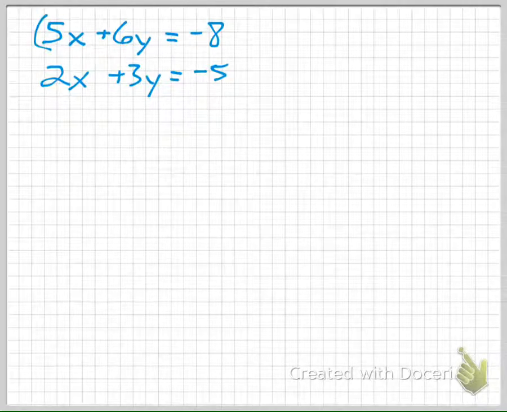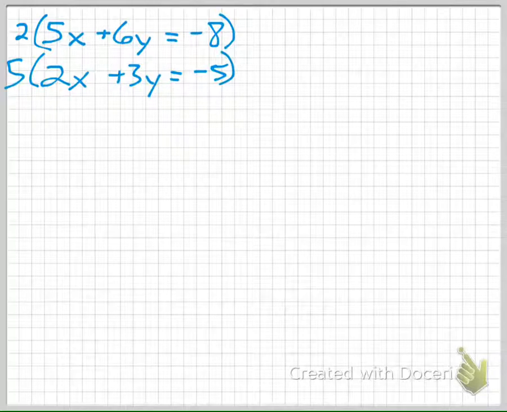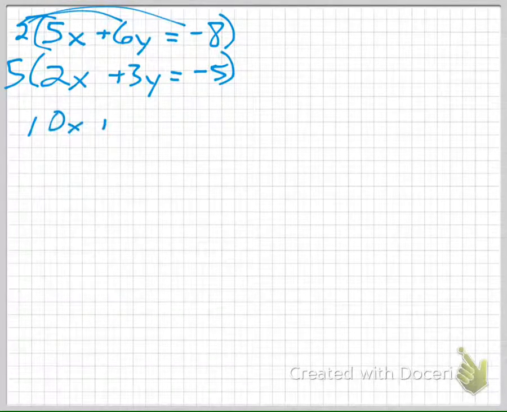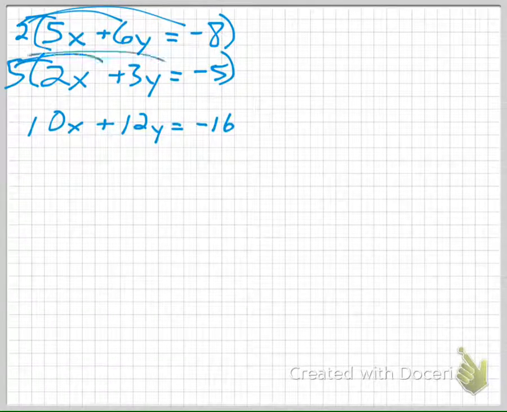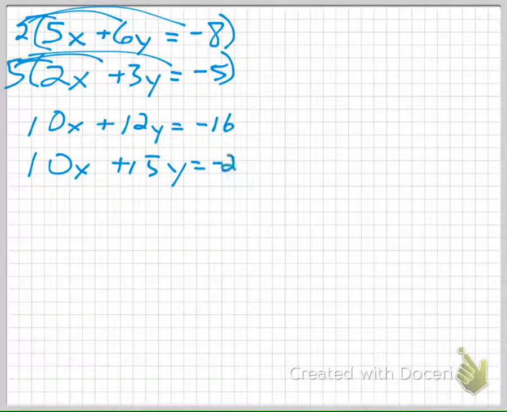If I wanted to, and it would still work, and sometimes this is going to happen, I could multiply the top one by 2 and the bottom one by 5, and what's that going to give me as an x? 10x plus 12y equals negative 16, and this one would be 10x plus 15y equals negative 25.